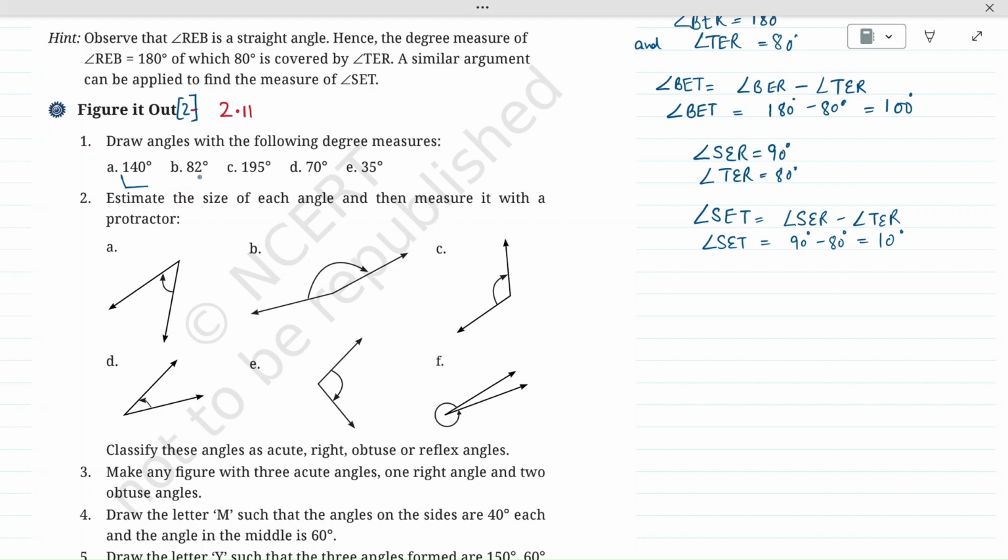82 degrees is an acute angle. 195 is an obtuse angle again. Sorry, 195 is not an obtuse angle, kids. It is a reflex angle. Not able to erase this.